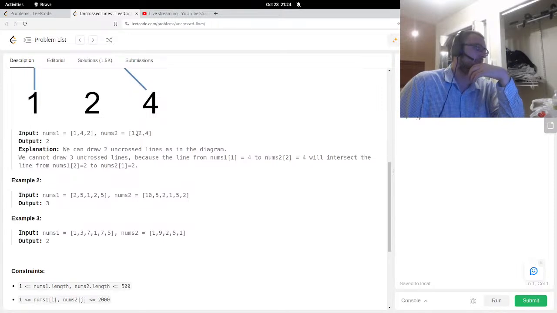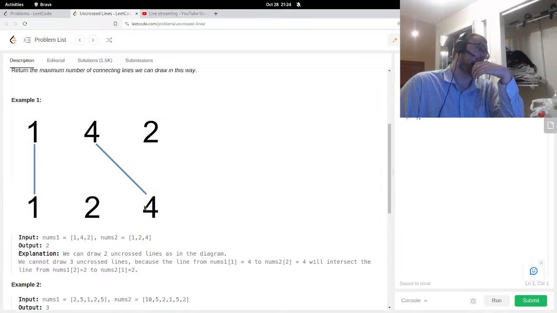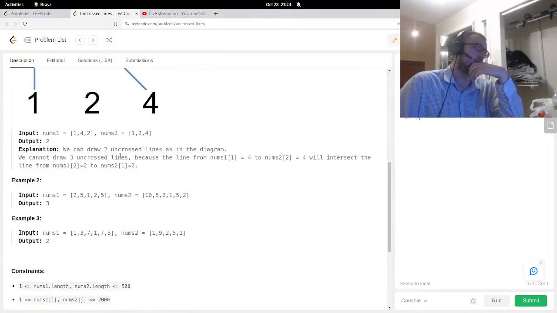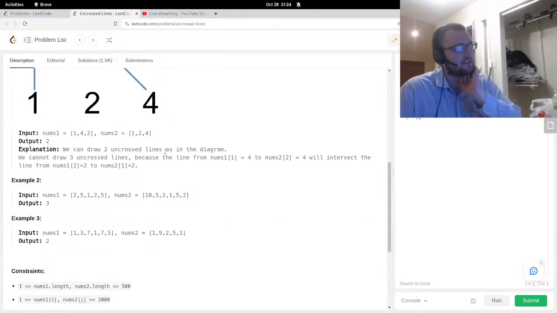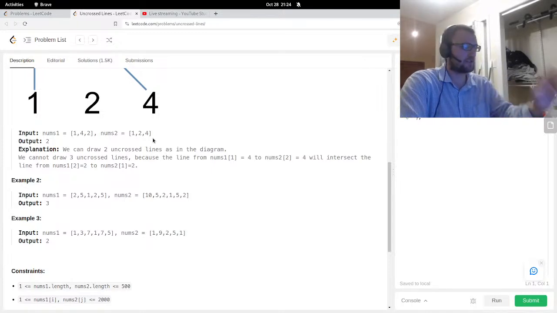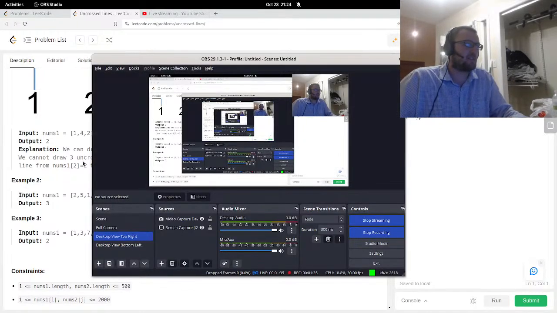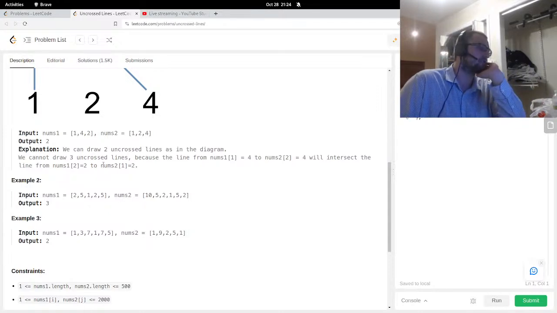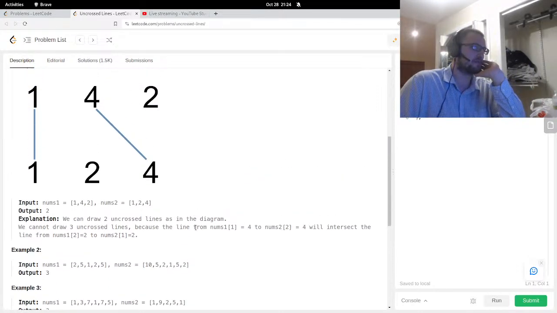Okay. 1, 4, 2, 1, 2, 4, 2. We can draw two uncrossed lines as in the diagram. We cannot draw three uncrossed lines. So this seems like a computational geometry question. I don't know. Let's see. We cannot draw three uncrossed lines because the line from nums1 equals 4 to nums2 equals 4 will intersect the line from nums1 equals 2 to nums2 equals 2.